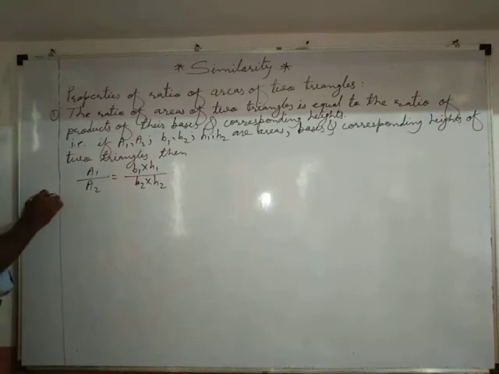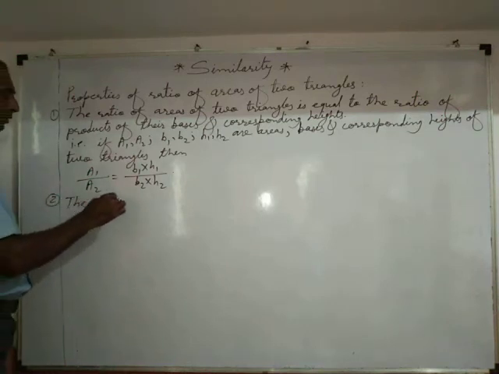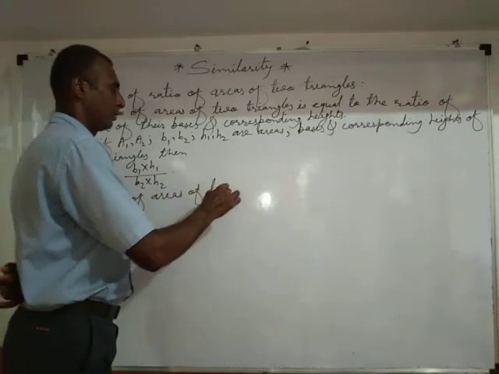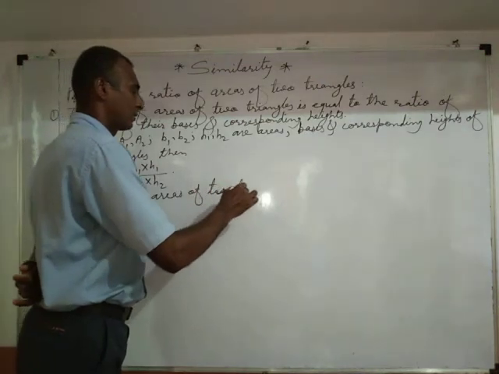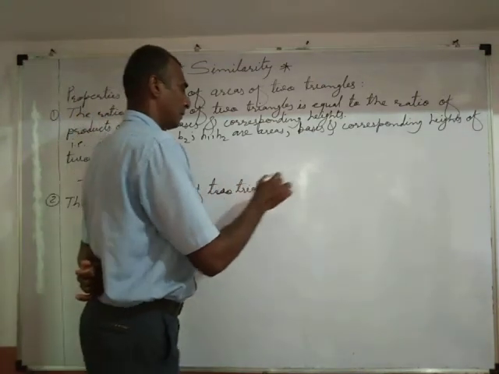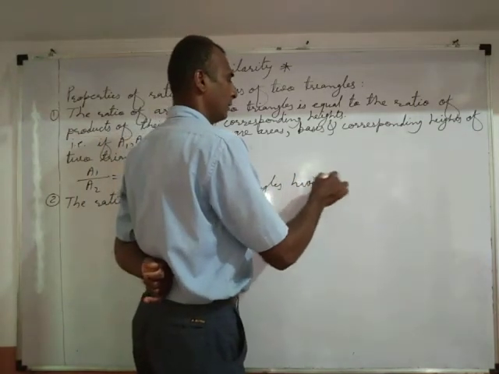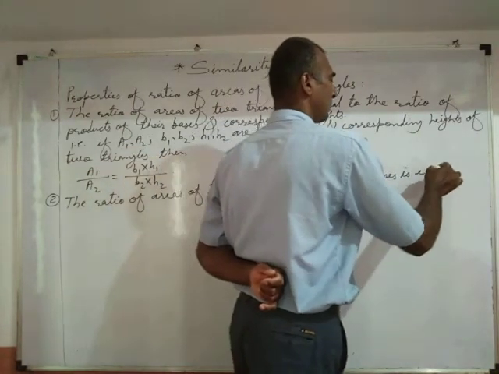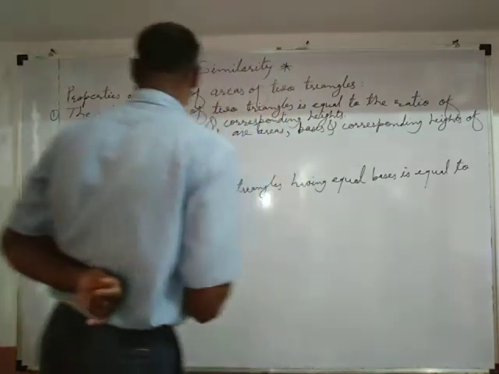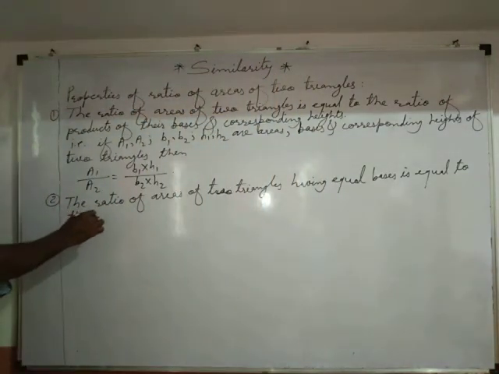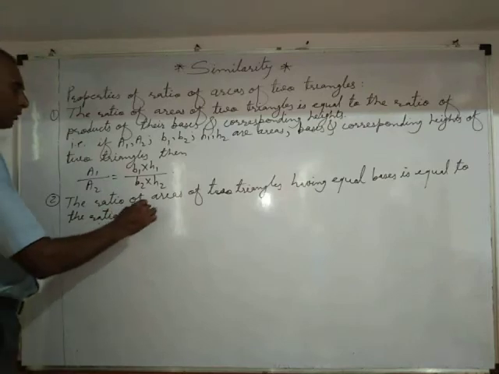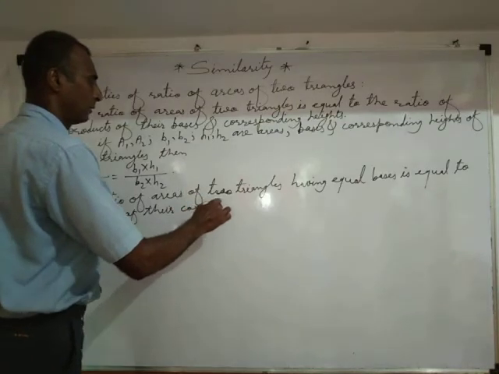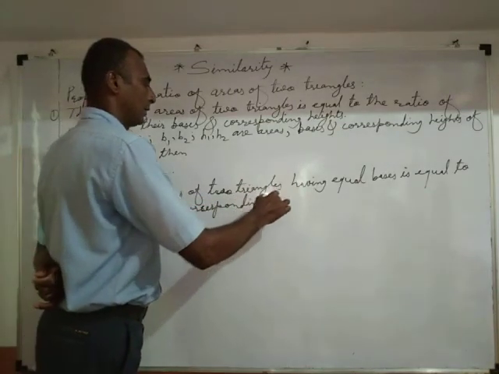Second property, the ratio of areas of two triangles having equal bases is equal to the ratio of their corresponding heights.